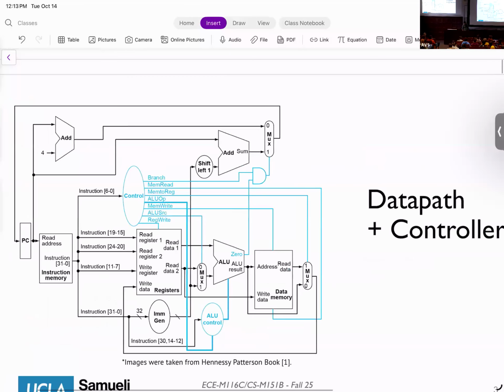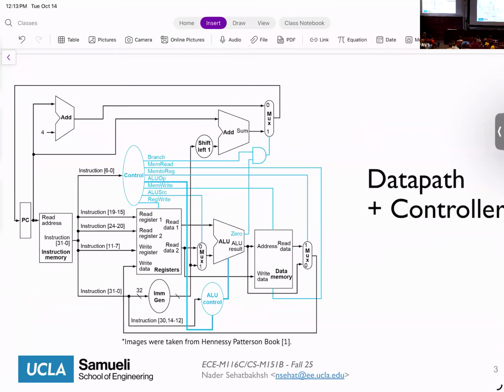Okay. Last week we talked about this design, the control flow, the controller and the data path design. We talked about the necessity of having a separate control unit and a data path unit, and we explained different components in this system. What I want to reemphasize is your project should follow this design.